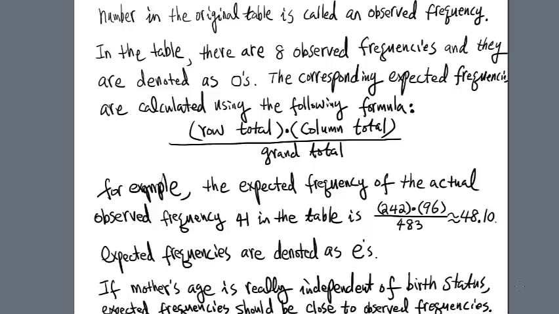The corresponding expected frequencies are calculated using the following formula: the row total times the column total divided by the grand total, as demonstrated in the calculation of the first expected frequency.